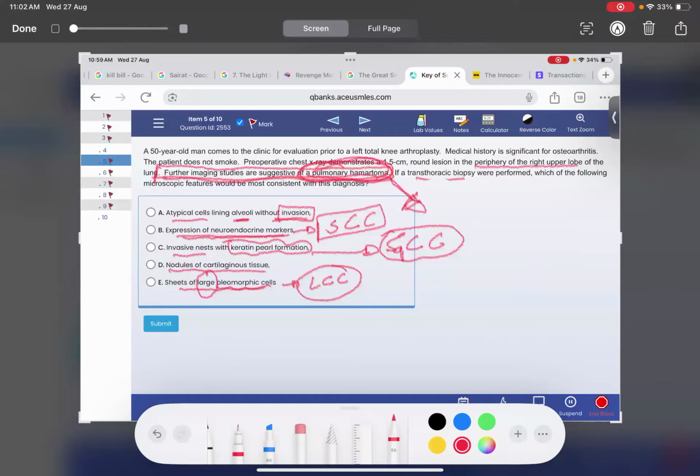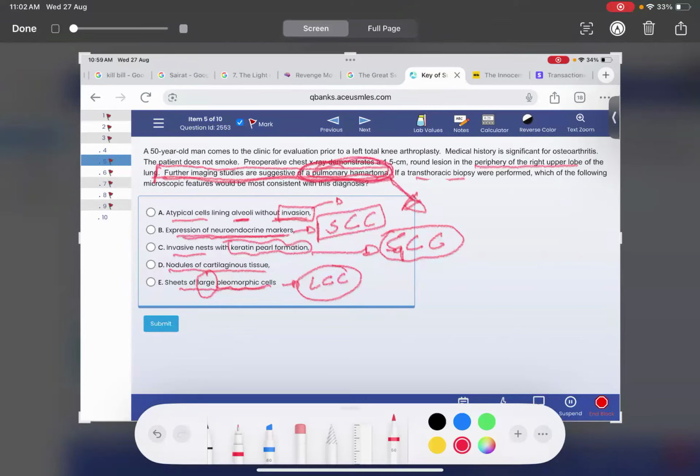So what do you think, guys? Atypical cells means this is cancer, not a benign condition, and nodules of cartilaginous tissue, as it is a pulmonary hamartoma.